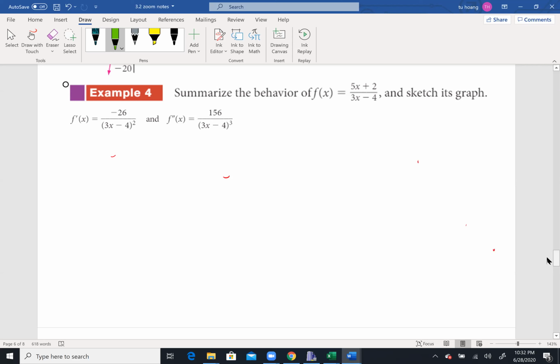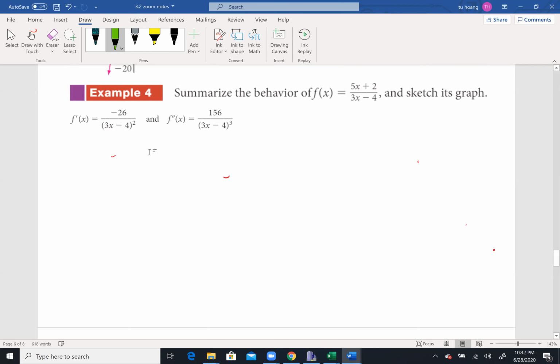But if you are still confused, then you can take a look at my example 4 here, right? In example 4, I gave you the original f(x). I gave you the first derivative and the second derivative already. So let's talk about this, right?